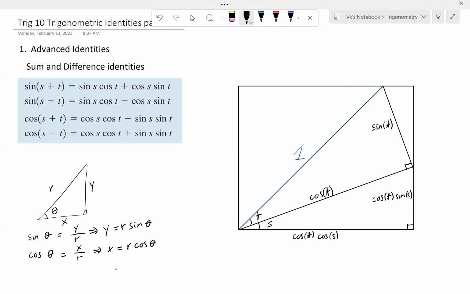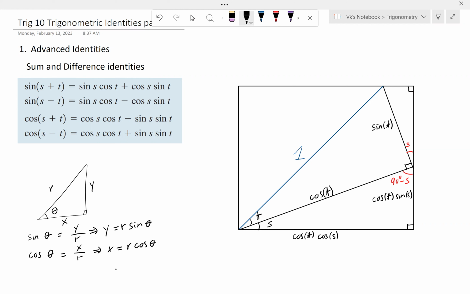And this angle right here is 90 degrees minus s, so this angle is s, which means that we're going to use the same concept to figure out all the sides of this right triangle.